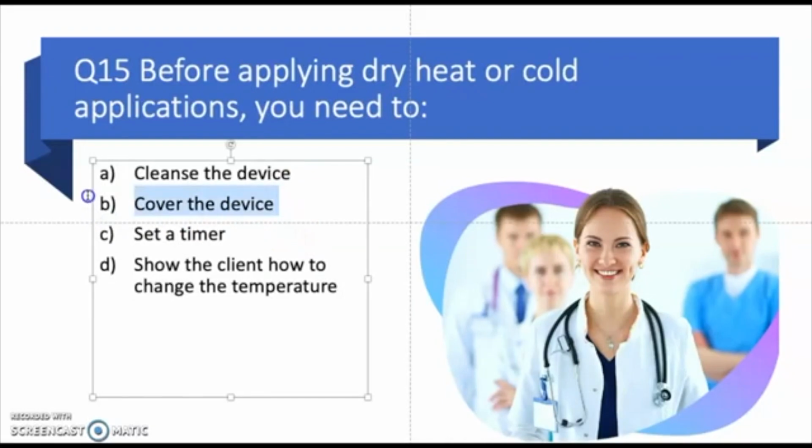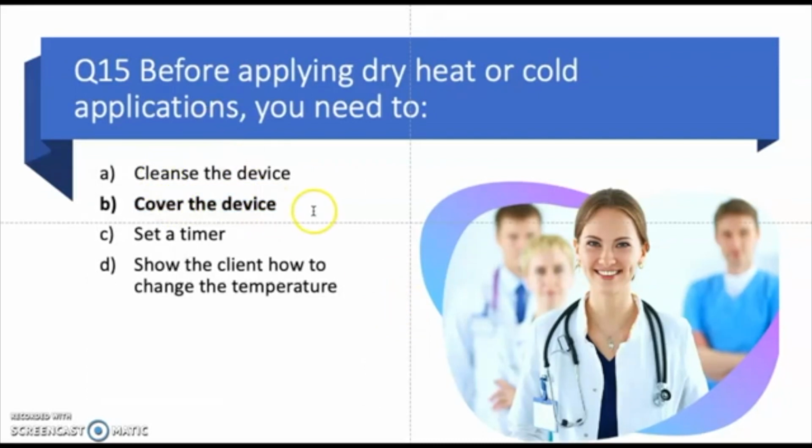So we have to cover the device because when you're applying any cold or heat applications, you don't want to apply direct heat or cold to the integumentary system, the skin. You don't want to cause any burn or frostbite, so we have to cover the device with something, with a towel or something.